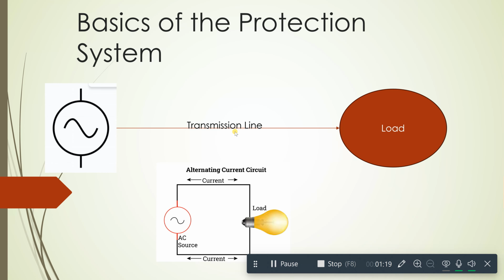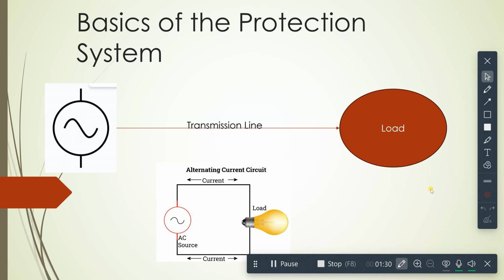So first I will go to the second slide. So the first equipment in the electrical system is the power source. It could be a power station, a diesel generator, a wind turbine, a solar system, or any hydropower system.